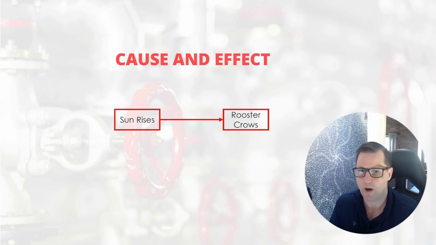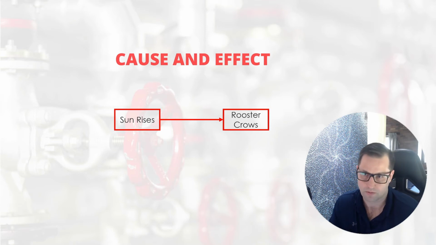And we know it's one way because if we were to remove the rooster from the equation, if it passed away, for example, the sun would still rise. So the sun rising is not related in any way if the rooster is there or not. But considering it from the other direction, if we remove the sun, the rooster may not crow.